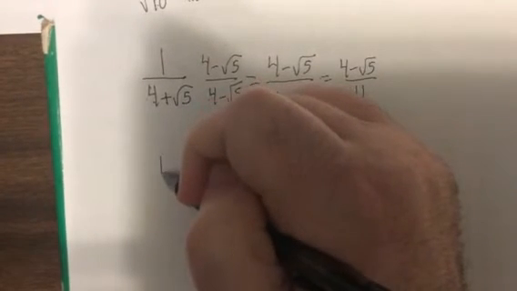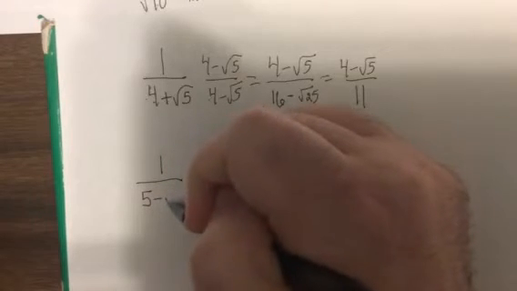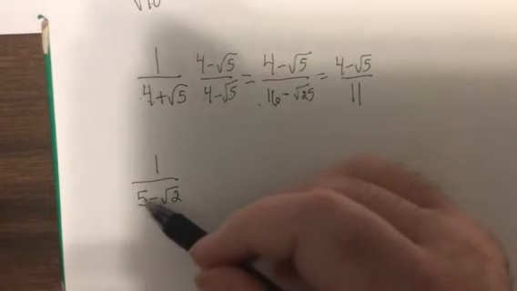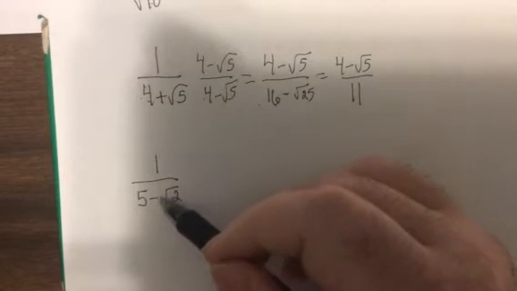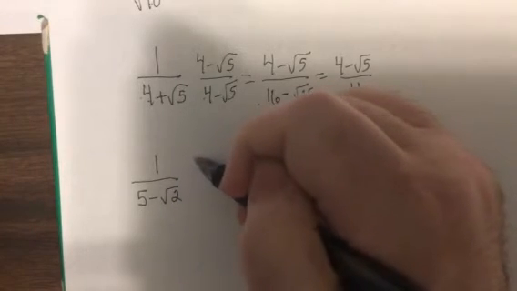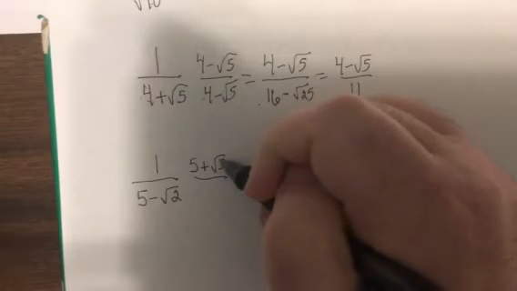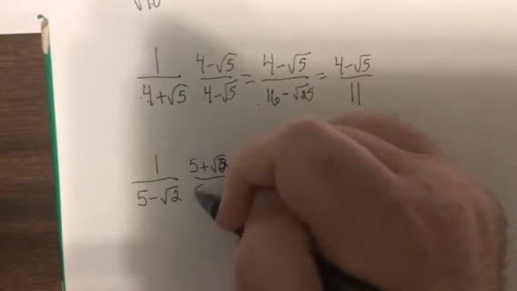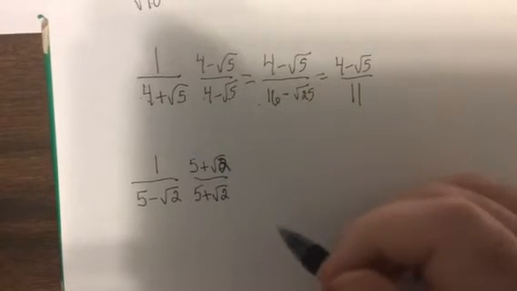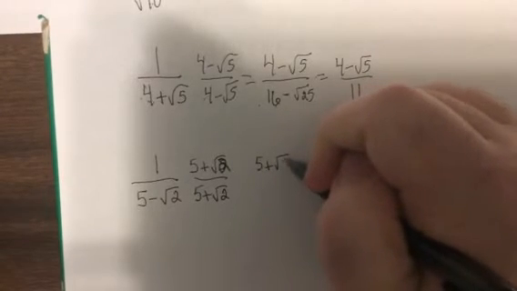So if I have 1 over 5 minus square root of 2, I'd say, I have a term with a minus or plus and square roots in it. To get rid of the radical in the denominator, you multiply the top and the bottom by 5 plus square root of 2. So distribute the 1, it'd be 5 plus square root of 2.